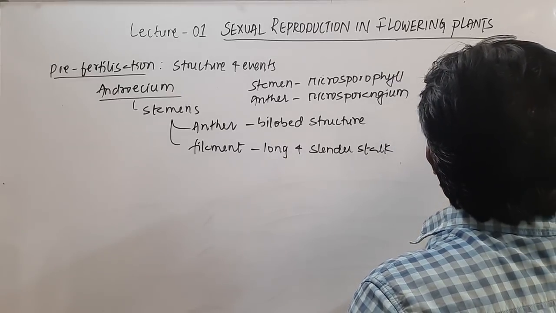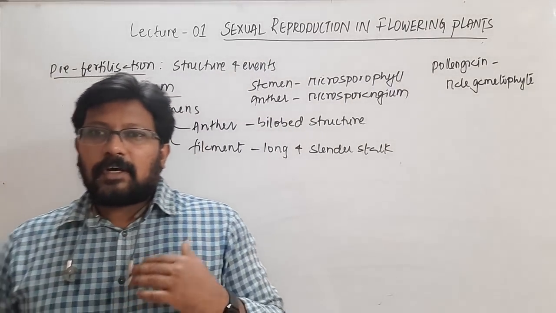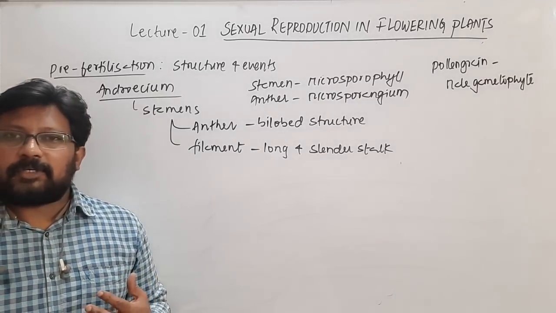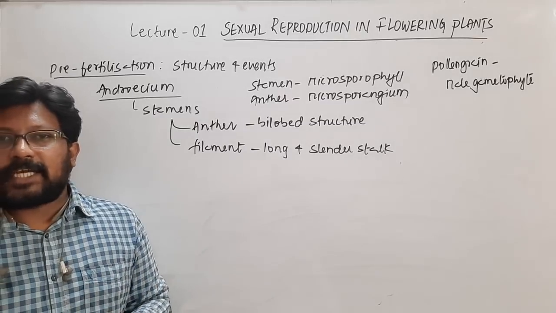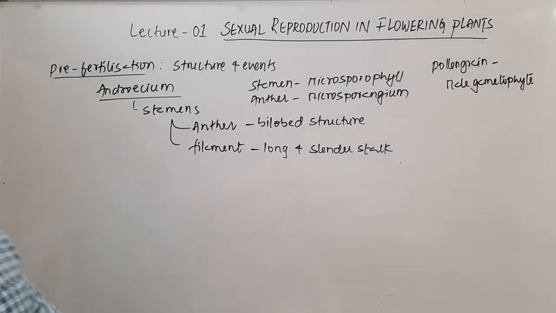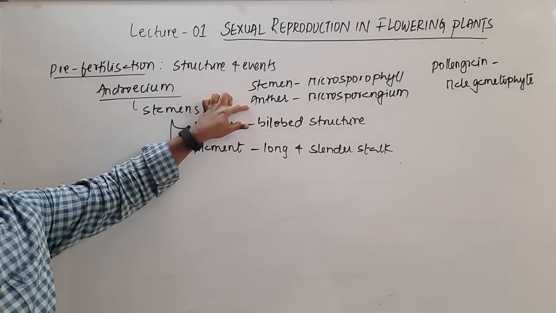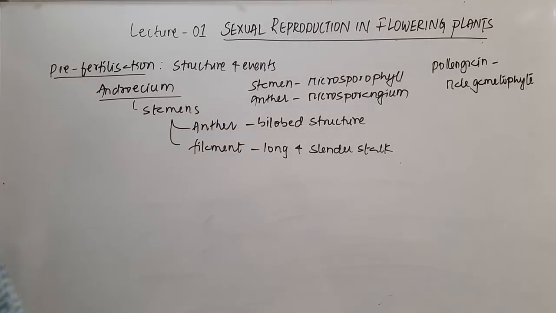You need to remember these are synonyms. Sometimes instead of the pollen grain, they may use the word male gametophyte. If they use the word male gametophyte, then it is actually the pollen grain. And the microsporangium is part of the anther, and the stamen in fact is the microsporophyll.